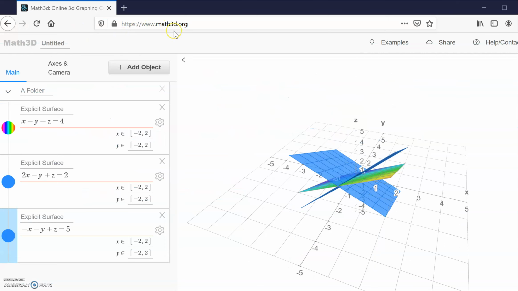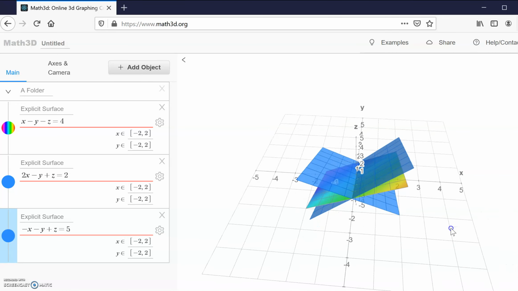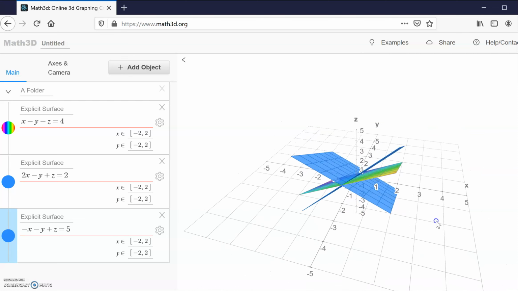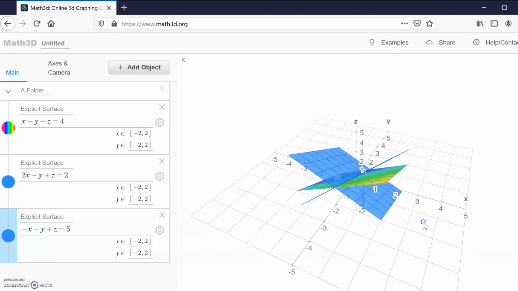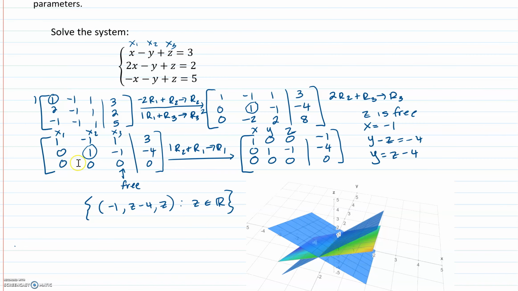I got this drawing using an online 3D graphing calculator, and I plugged in my 3 equations here. And here it is, just so I can show you that a little bit more clearly. There it is. It's an infinite number of solutions, even with a 3 by 3. And that happened because we got a row of zeros here.